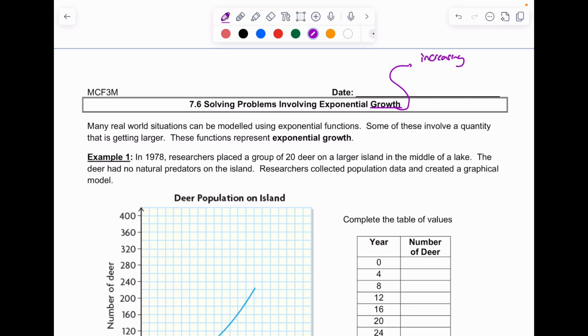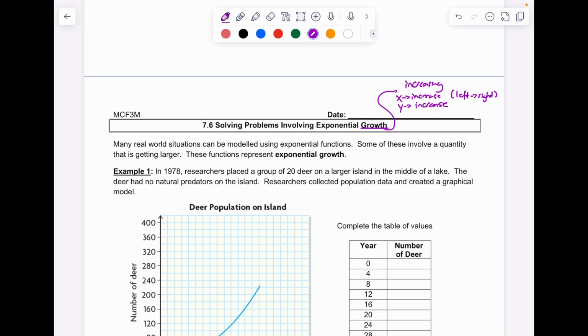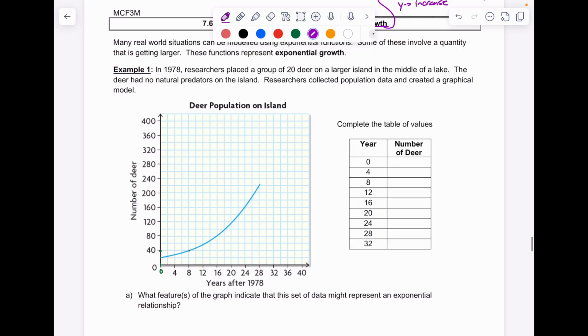And again, the word increasing is when x values increase, so as you read a graph left to right, that's the direction you read, your y values also increase. Again, that's what an increasing function means. So exponential growth is just an exponential function that models an increasing scenario. So today's lesson is rather short.